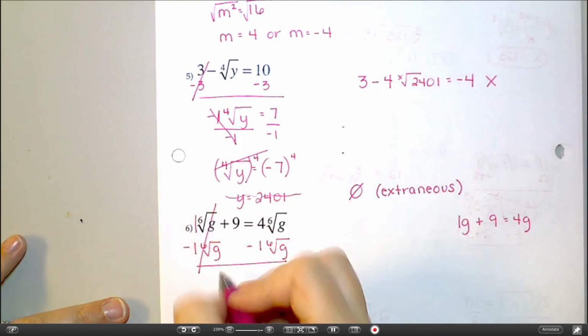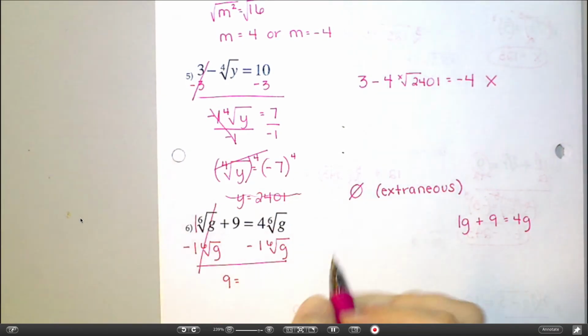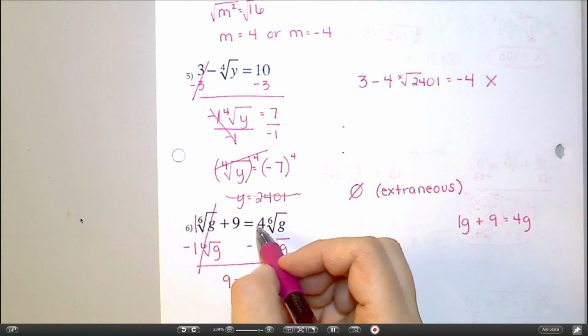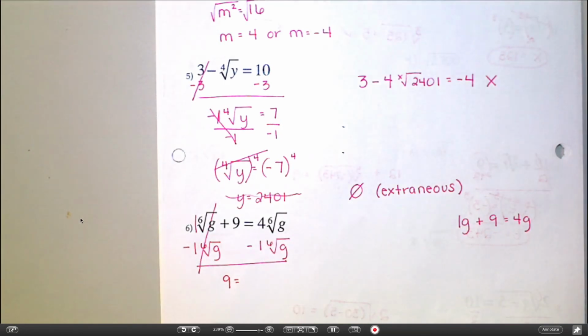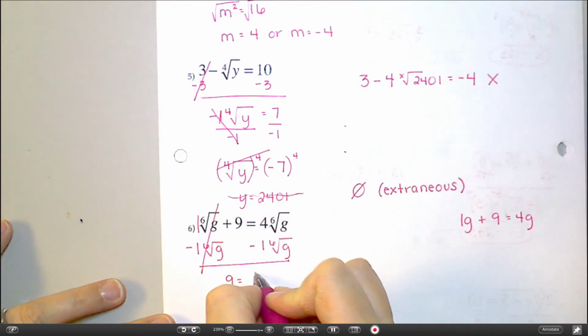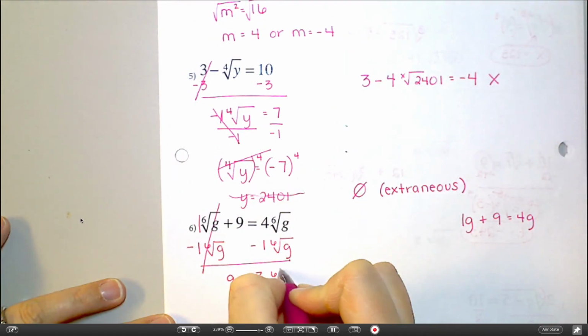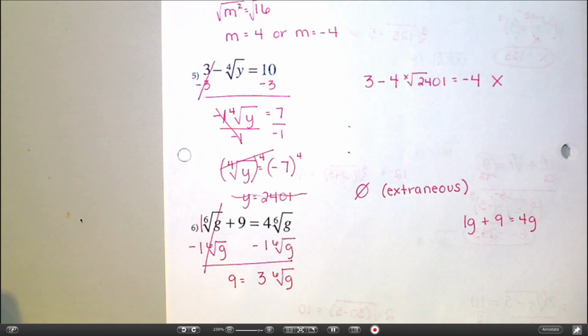So this is gone. And so here, if I have 4/6 roots of g and I subtract 1/6 root of g, what am I left with? 3/6 roots of g. Yep. Where do you want to go from here? Isaac? Good.